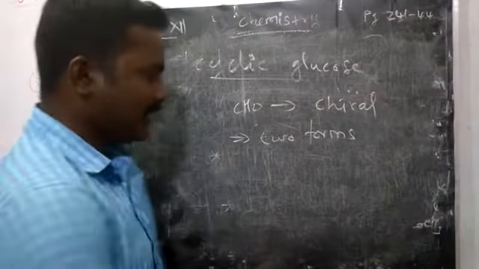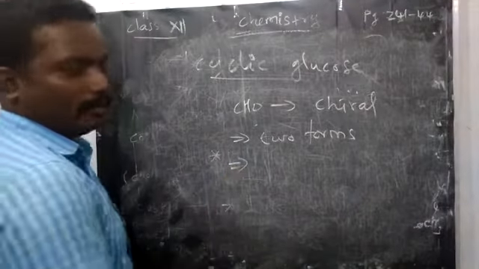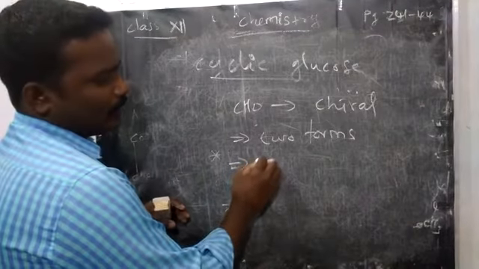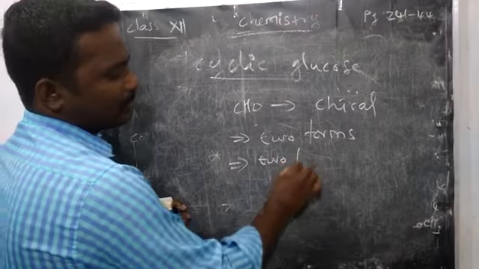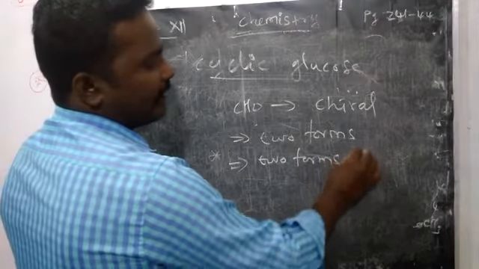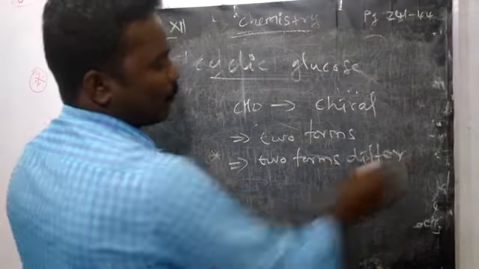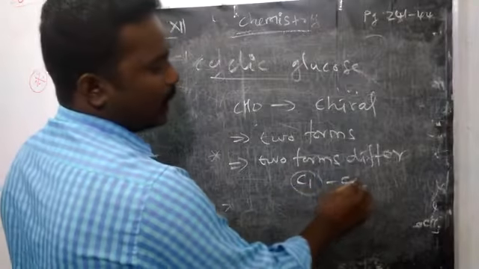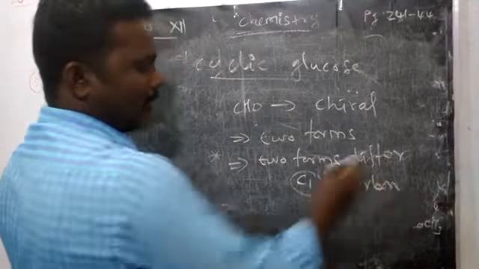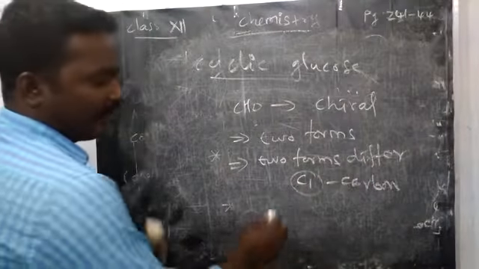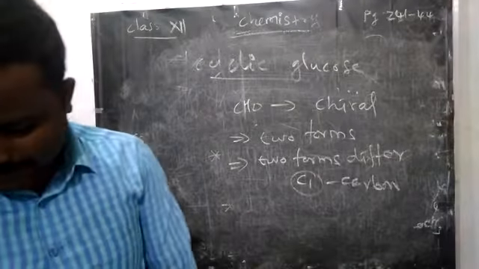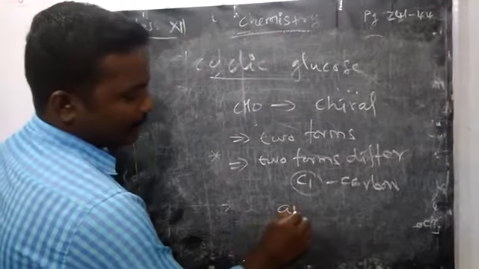The two forms differ only based on the C1 carbon, or any one carbon, so we can say that they are anomers.